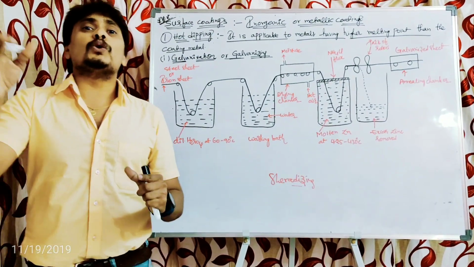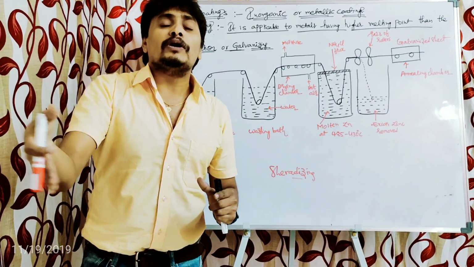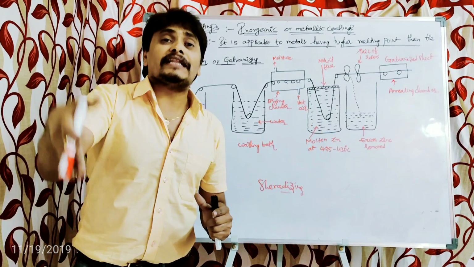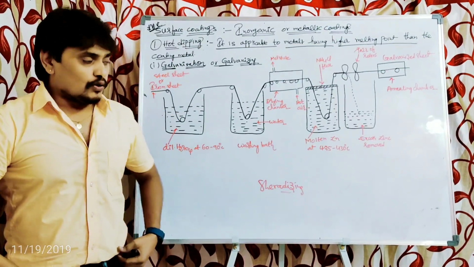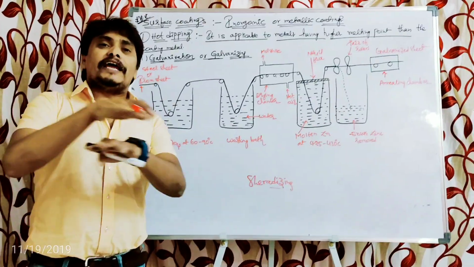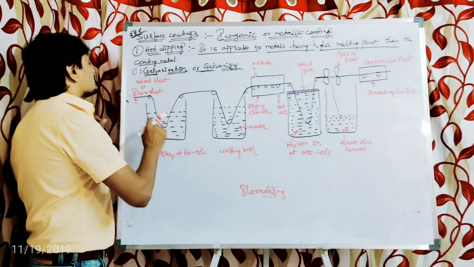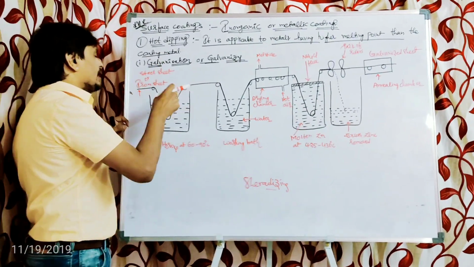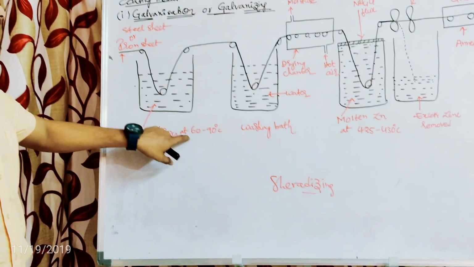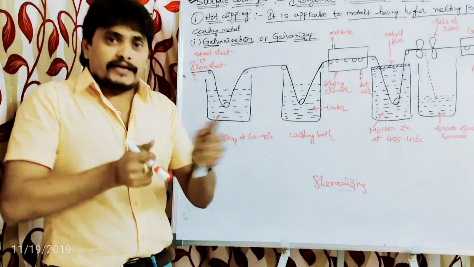Now, there is a need to ensure the removal of all the impurities before dipping this base metal into the hot molten coating metal, that is zinc. So, for the removal of all that unwanted material accumulated on the surface of the base metal, we have to pass the iron sheet or steel sheet into the bath containing dilute sulfuric acid, maintained at 60 to 90 degrees centigrade, and pickle it.